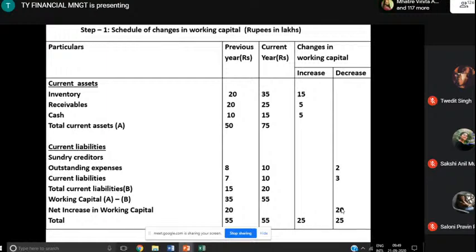I repeat. Just counter check all the figures. Don't simply copy it. Inventory, see the amount. First draw the proper format. Particulars, previous year, current year, changes in working capital, increase or decrease.